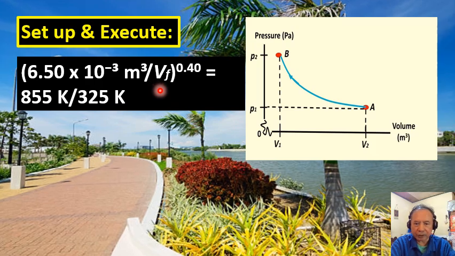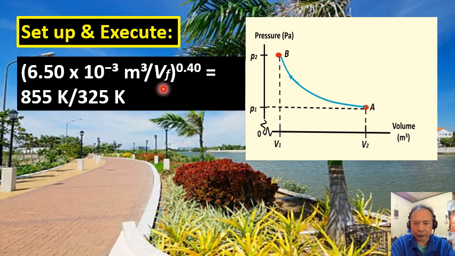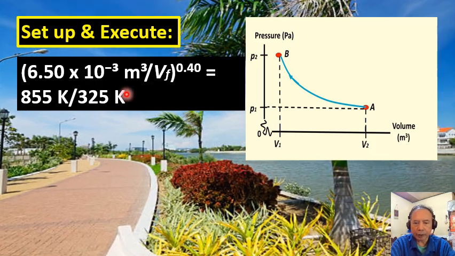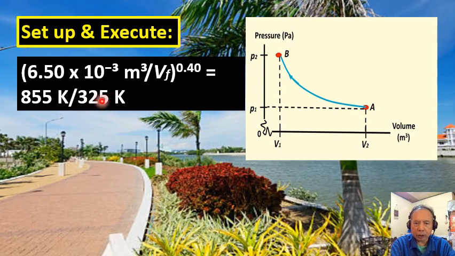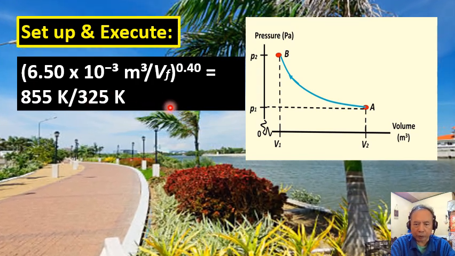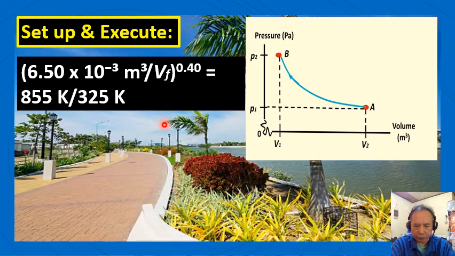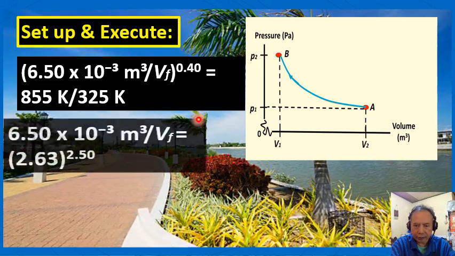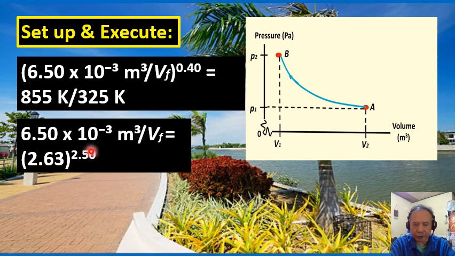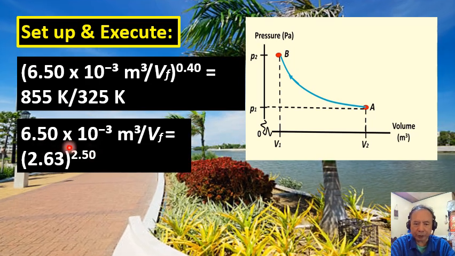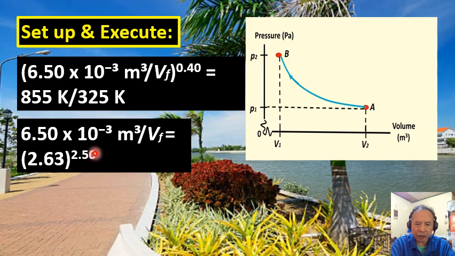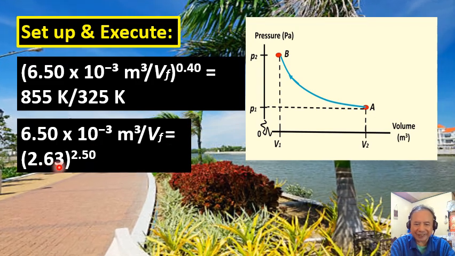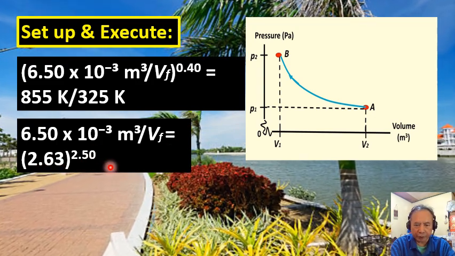We can isolate V sub F, our target variable, in this equation by multiplying the whole equation by the power of 2.50. That is, this equation reduces to 6.50 × 10^-3 meter cube over V_f equals 2.63 raised to the 2.5 power.